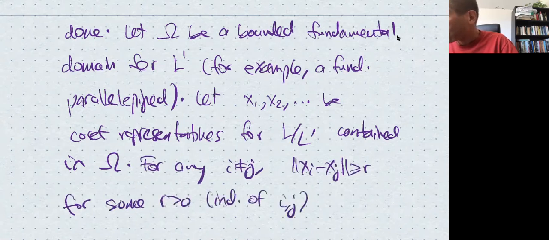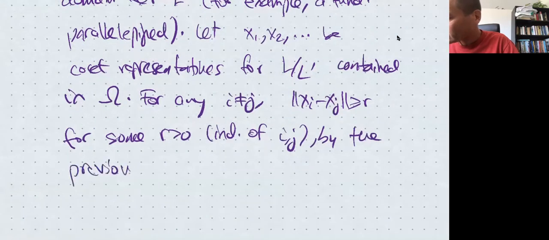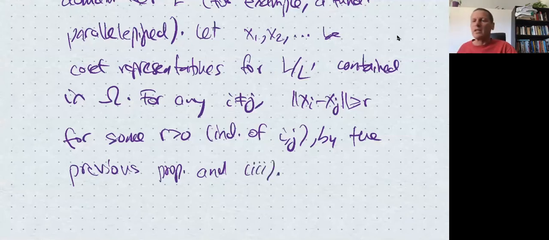And this is by the previous proposition and the assumption that L is discrete. Remember, the previous proposition was about groups, not about lattices.